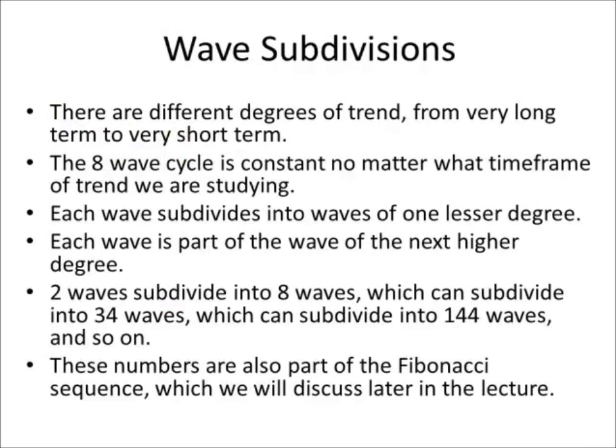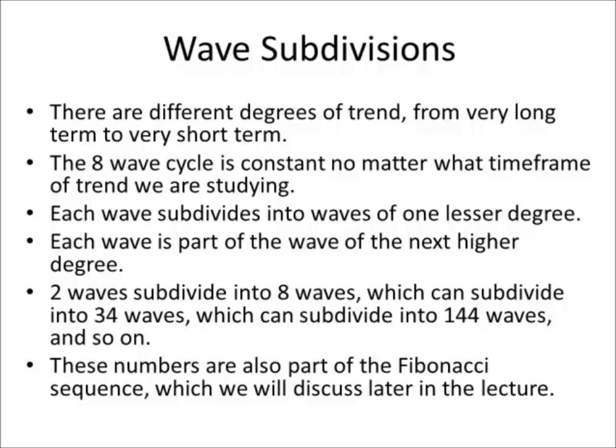Wave subdivisions. The next concept we want to talk about are what is known as wave subdivisions. Now, the wave cycle we're talking about, that is the 8-wave cycle, will exist no matter what time frame we are looking at. So according to Elliott wave theory, we recognize that there are different degrees of trend, from very long term to very short term.